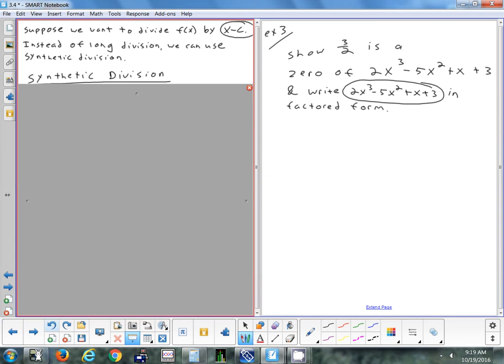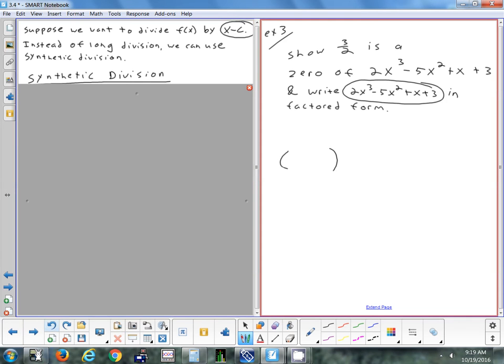Showing that 3/2 is a root, showing that it's an x-intercept, same thing, is the same as showing what is a factor. So since 3/2 is a 0, what does that mean is a factor? John? X minus 2 over 3, or is it 3 over 2? 3 over 2.